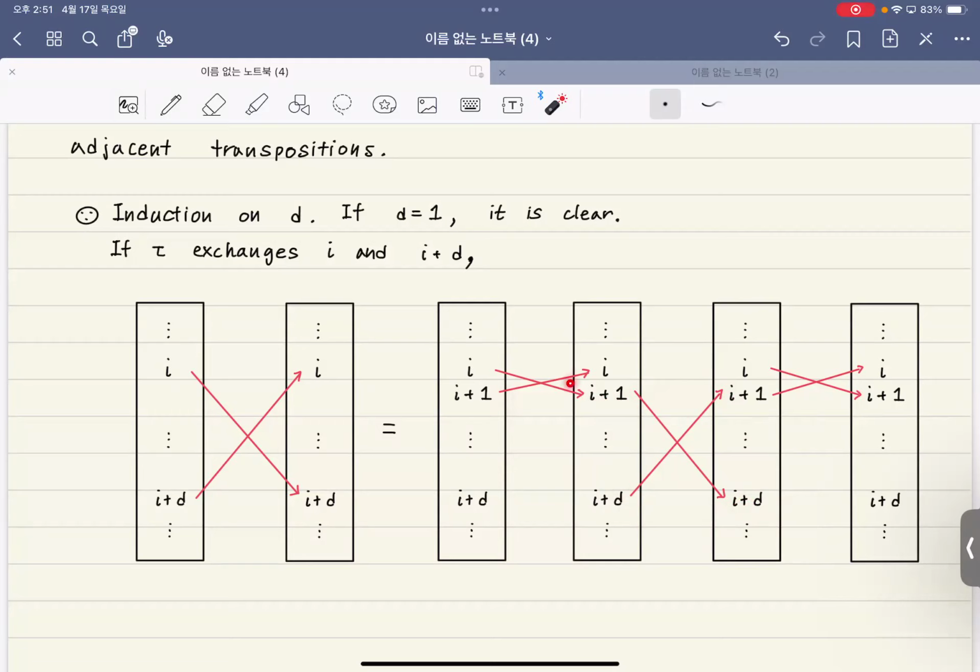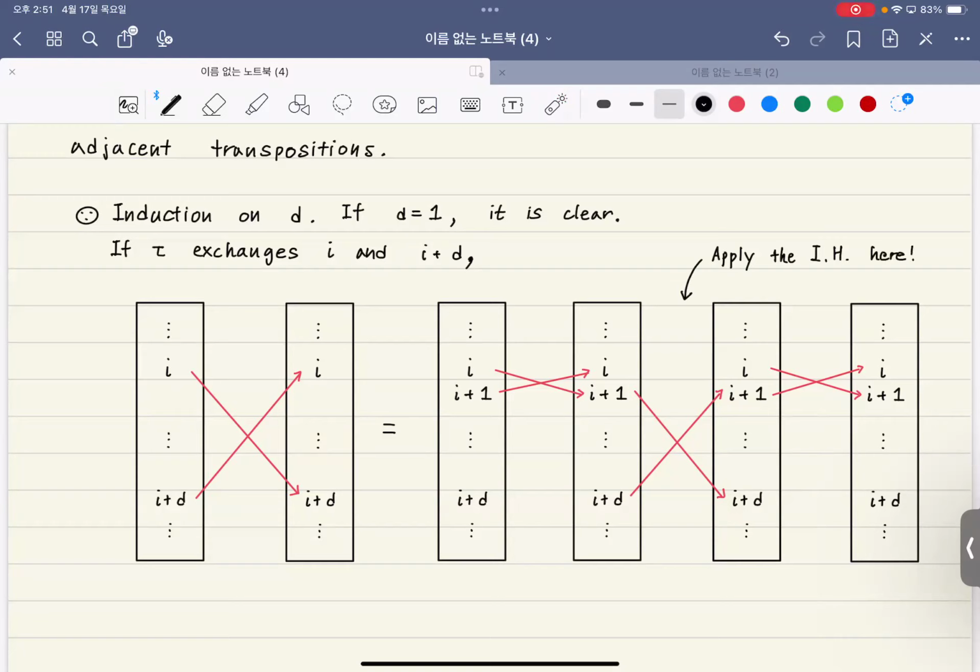And combined with two additional adjacent transpositions around them, then I will need precisely 2d minus 1 adjacent transpositions. Okay? So I apply the induction hypothesis here.